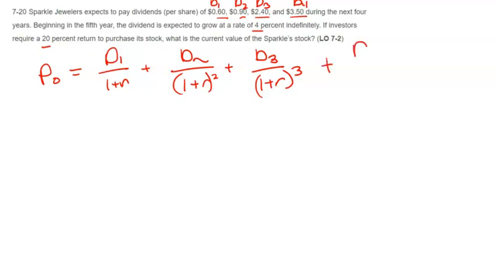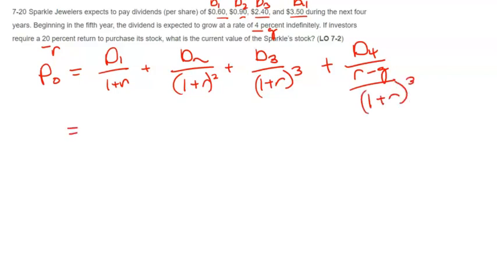Then for D4, we're going to employ the constant growth model. So R minus G. R is 20%, and G is 4%. The constant growth model doesn't work if the growth rate is greater than investors' required rate of return. As I mentioned before, this gives us the price in year 3, so we have to present value it back 3 years.